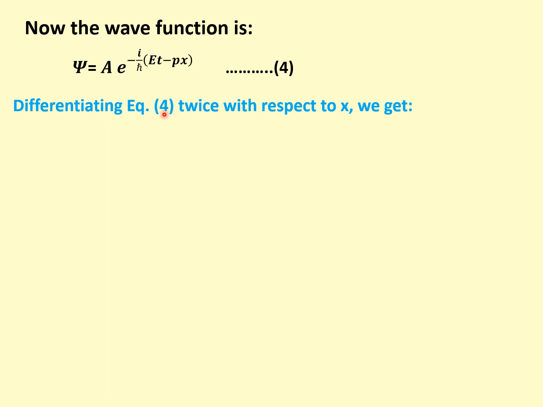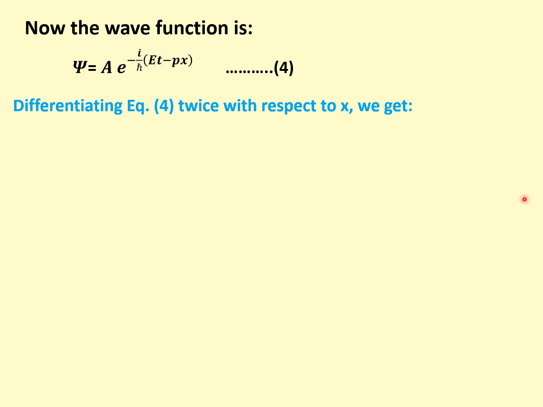Differentiating this equation with respect to x two times, first we find d psi by dx. The differentiation of e raised to the power something is e raised to the same power, and then we take the differentiation of the exponent also.